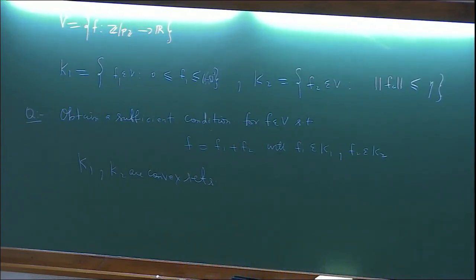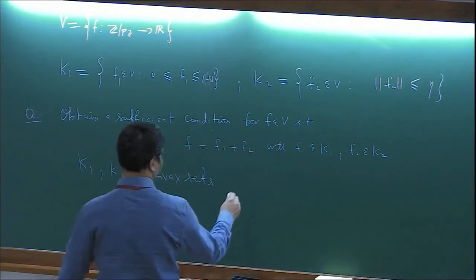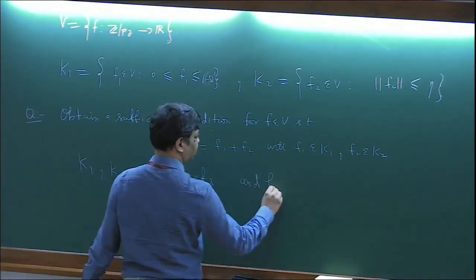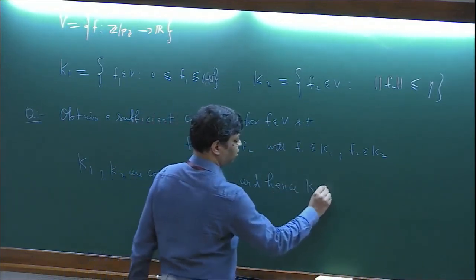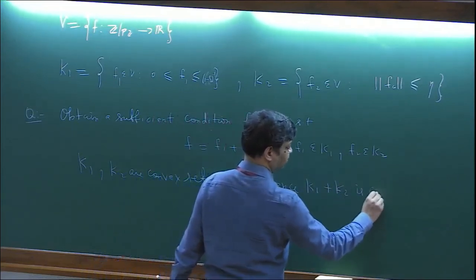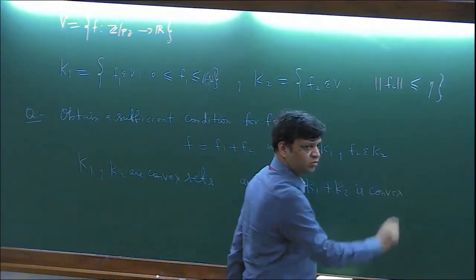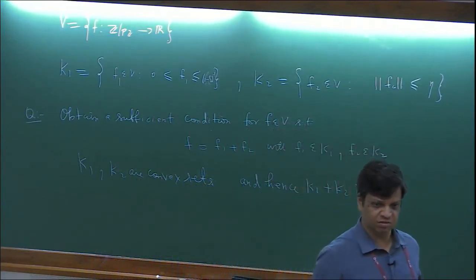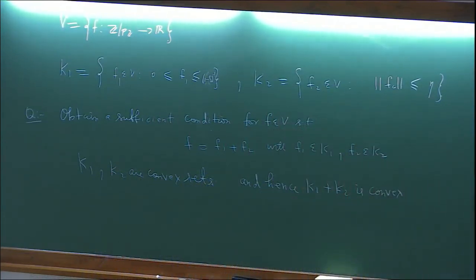Both K1 and K2 are convex sets, so their sum is also a convex set, and hence K1 plus K2 is convex. Sum of two convex sets is convex.